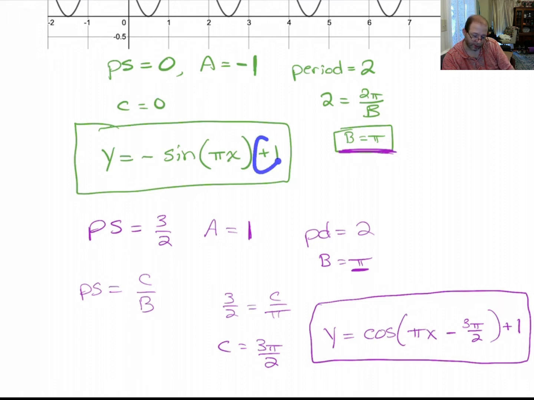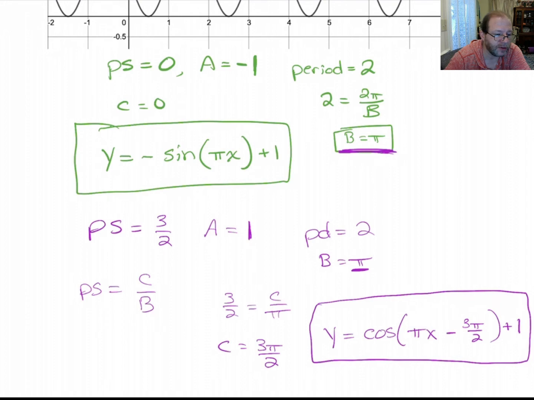And also this vertical shift has to be the same. In order for two things to have the same graph, the only things that can really change are the phase shift, the function switching between sine and cosine, and the sign of A, whether it's positive or negative.